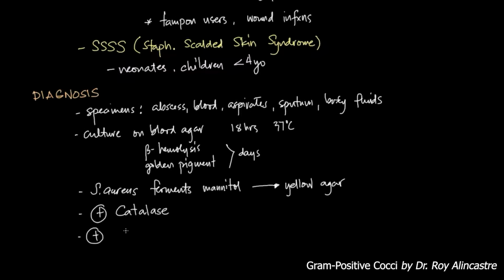The coagulase test is used to differentiate Staph aureus from the other staphylococci. What you need to know is that Staphylococcus aureus will show a positive coagulase test result, which is the formation of clots.